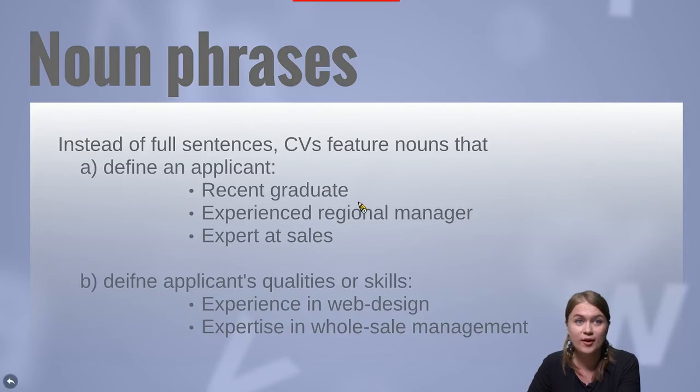They're typically paired with adjectives or prepositions and nouns or verbs ing. In terms of qualities, we also always pair them with something, but usually experience, expertise are both paired with prepositions, and then the field people have experience and expertise in.